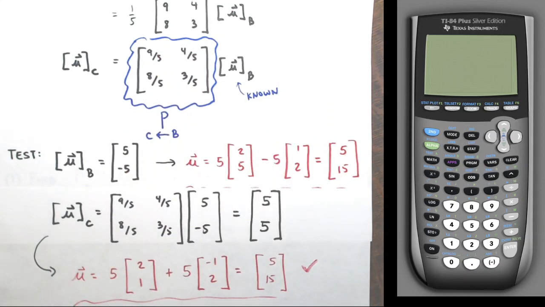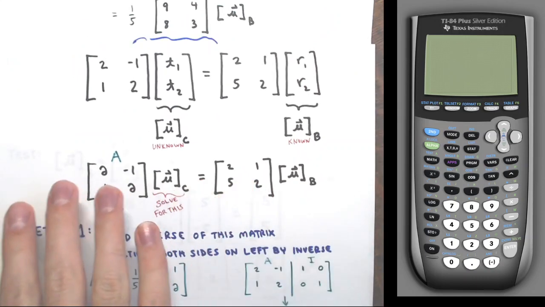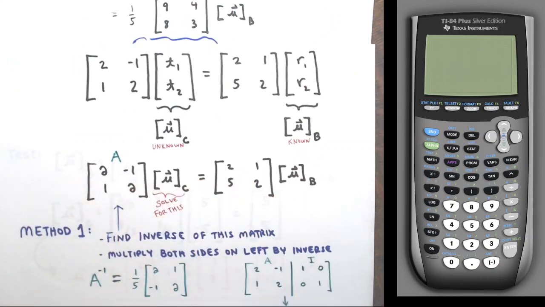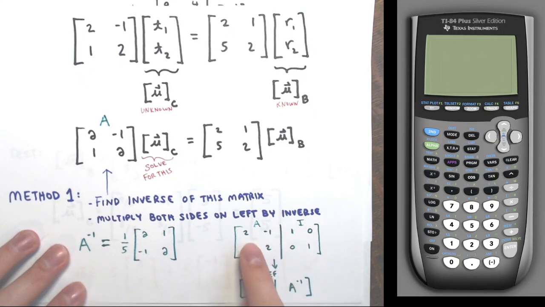All right, so that was method 1, where I set up this equation here and then found an inverse and multiplied both sides by the inverse. Method 2 is very similar to what I'm doing here. Remember how I find an inverse.